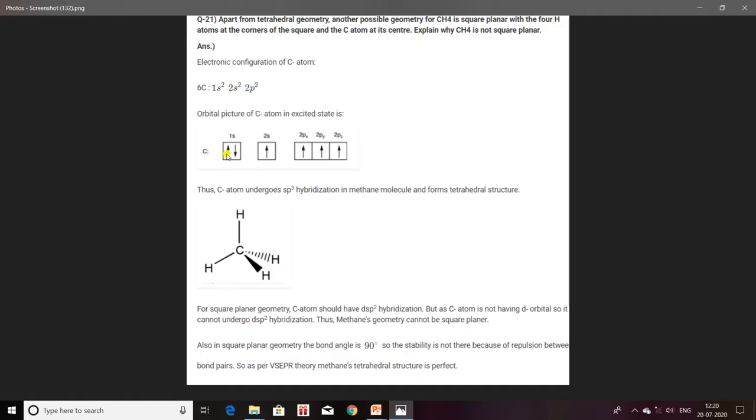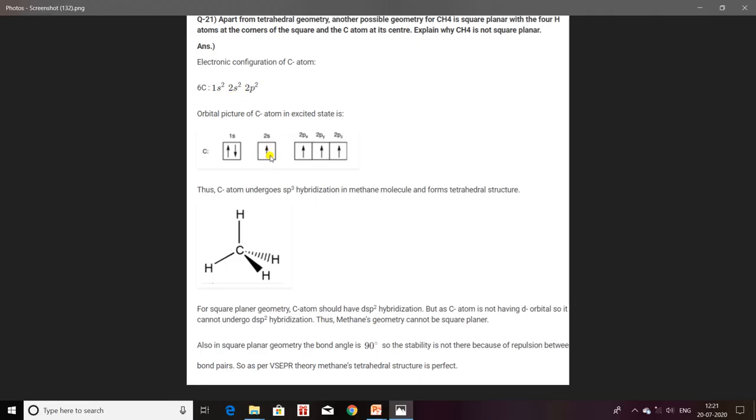So this is the orbital electronic configuration. Here is the 1s orbital, here is the 2s orbital, and here 2px, 2py, 2pz. So one electron from the 2s orbital will jump to 2pz. Earlier in the ground state, 2 electrons were present, right?